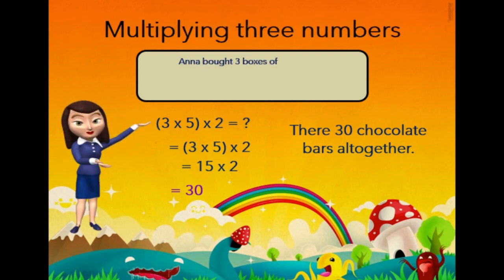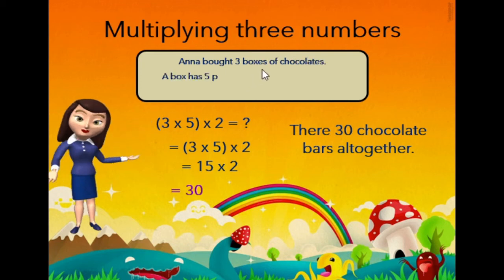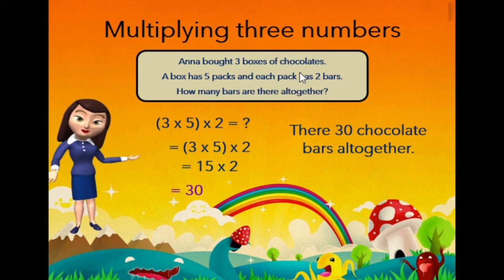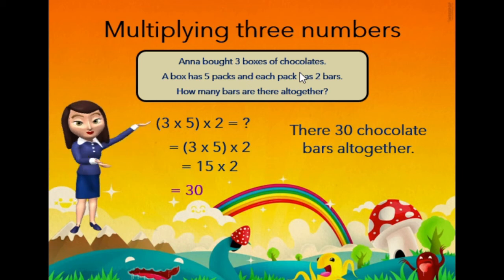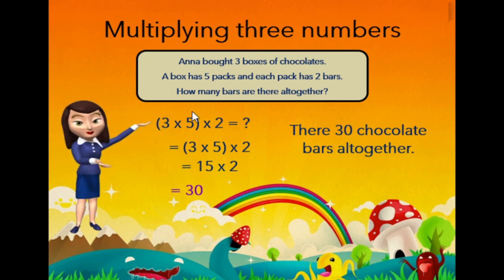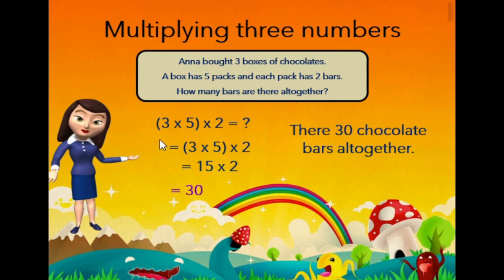We have this. Anna bought 3 boxes of chocolates. A box has 5 packs, and each pack has 2 bars. How many bars are there all together? This symbol here enclosing 3 and 5 is called a parenthesis.